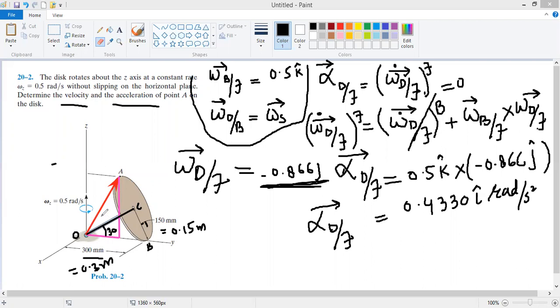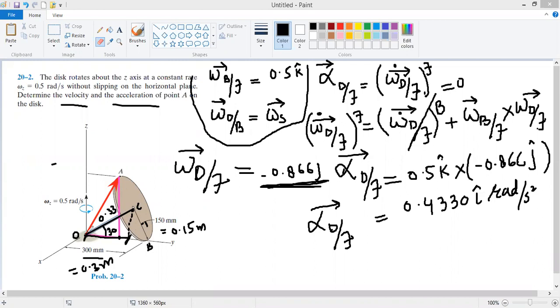The base is coming out to be 0.33 meter. Now from here to here it will be 0.33 cos of 30.